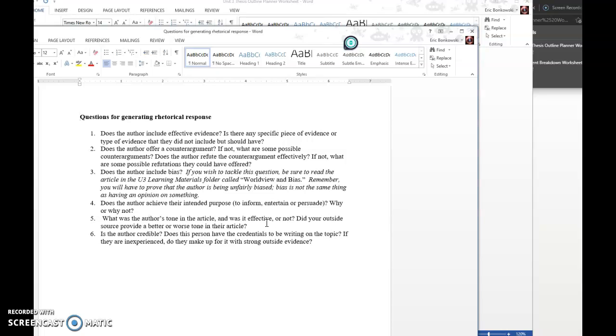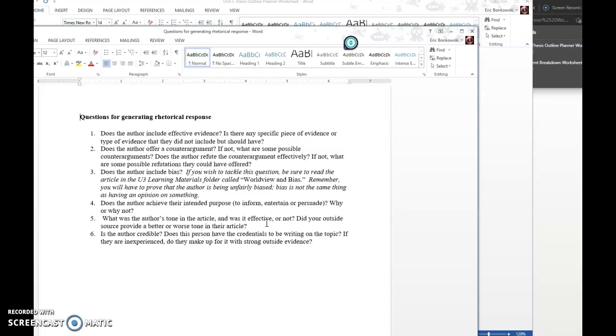You're not evaluating both here. That's why you're only going to write a summary of article 2 in the paper. You are only assessing article number 2 that you chose from those 3 options in the class folder, and you're using your outside source to supplement that response. So be careful with that.